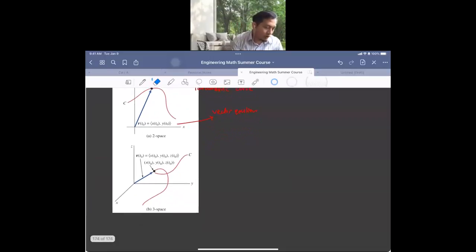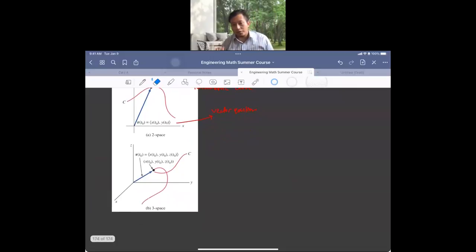Then if we draw in 3 dimensions, we can also set up our curve, and we can define the position of the vector as R, with a parametric variable t also. And we have also learned about motion on the curve, the curvature, right?